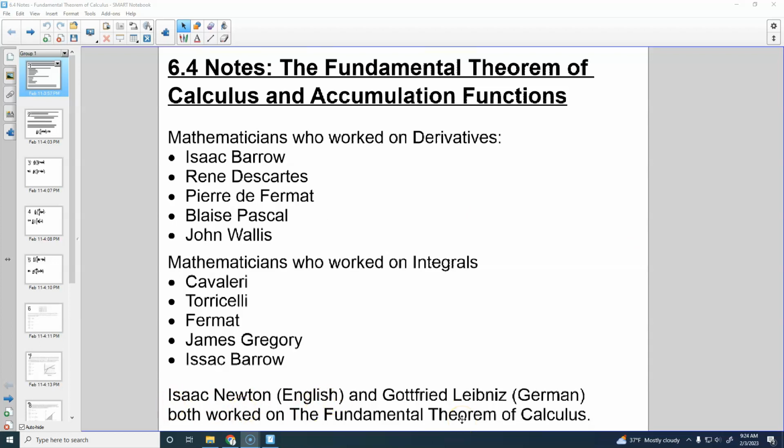So what happened is Isaac Newton began his work on calculus early. So he began working on calculus before Leibniz did.